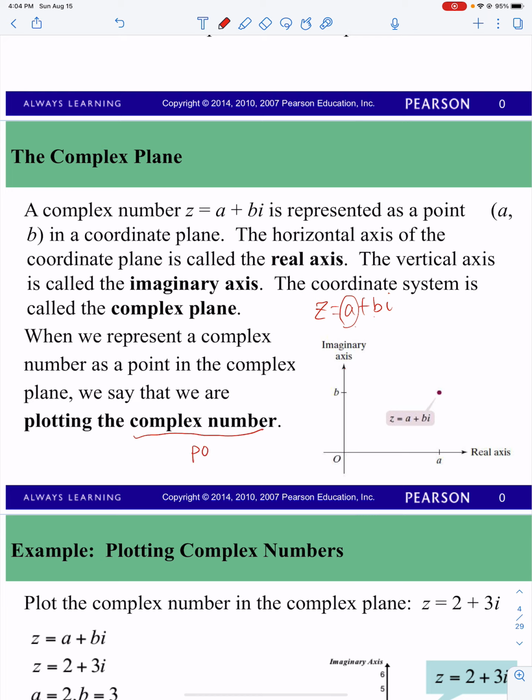Okay, so what will a complex number look like? It's more like a point. A is your x coordinate, b is your y coordinate. Because a complex number is like a point, you cannot compare two complex numbers.